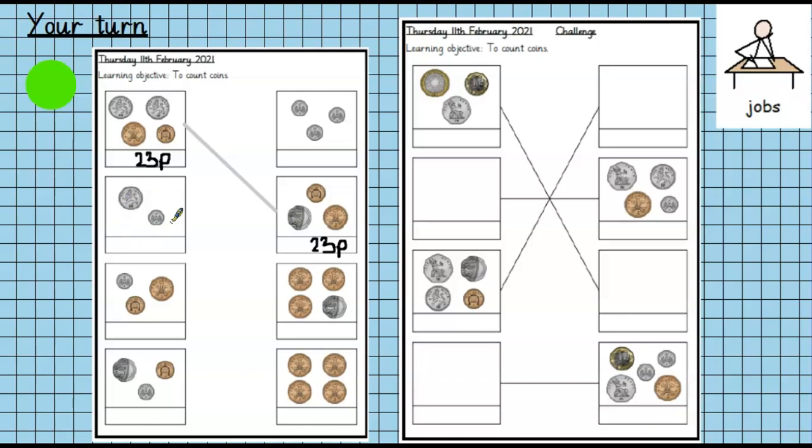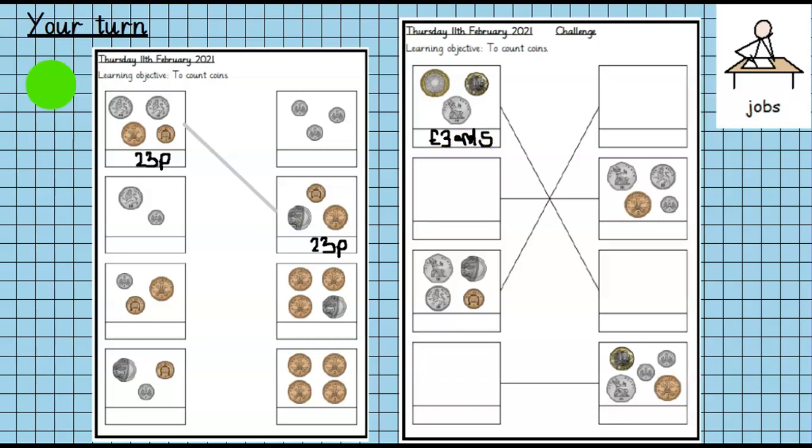Continue to count the other ones and find the matching one that you can draw a line to from that one and that one and that one. For your challenge, the lines are drawn for you, but the matching amounts are not drawn for you. So, this one has got a £1 coin, a £2 coin, that makes £3, and it also has a 50p, so it's £3 and 50p.